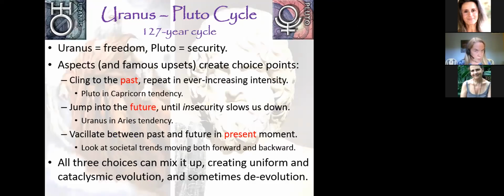Anybody notice this happening through Pluto in Capricorn over the last 10 years? Anybody notice the powers that be and the plutocrats? They do not want to look at the changes happening. They want to hold on to that past, that power, that control as best as they can. We can also jump into the future and just totally go for it until insecurity slows us down.